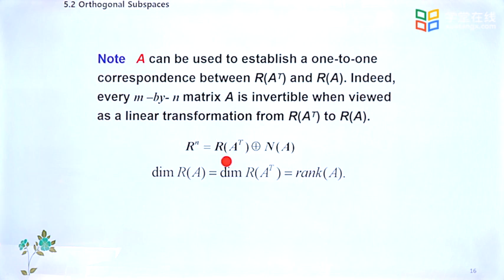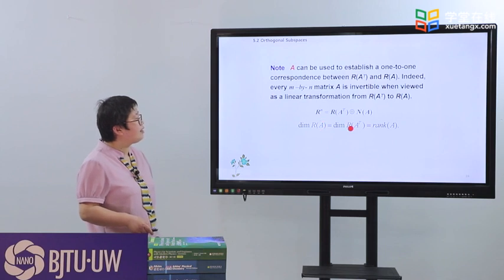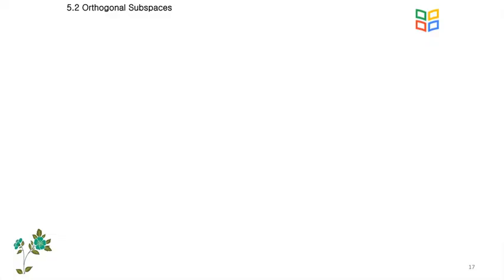Because Rn can be written as the direct sum of R(A transpose) and N(A). And we also know that the dimension of R(A) equals the dimension of R(A transpose) equals the rank of A. Let's see this example. A is a 2 by 3 matrix.